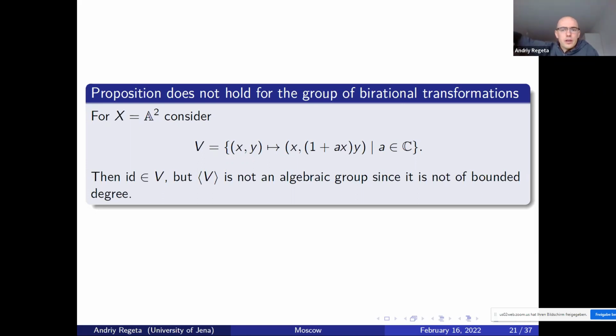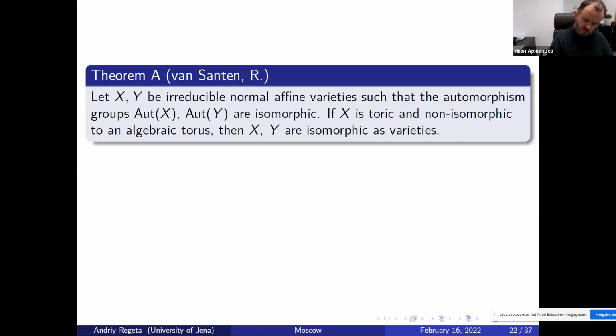Okay, so let me go further. Here is the main theorem which I want to discuss today. Let X and Y be irreducible normal affine varieties such that the automorphism groups Aut X and Aut Y are isomorphic as abstract groups. If X is toric and non-isomorphic to an algebraic torus, then the varieties X and Y are isomorphic as varieties.